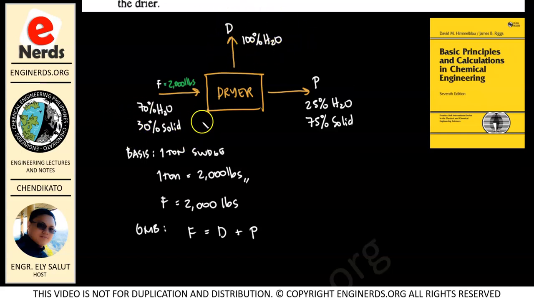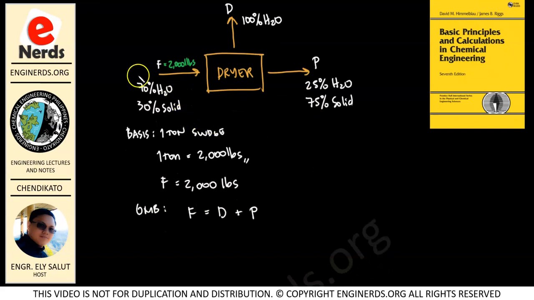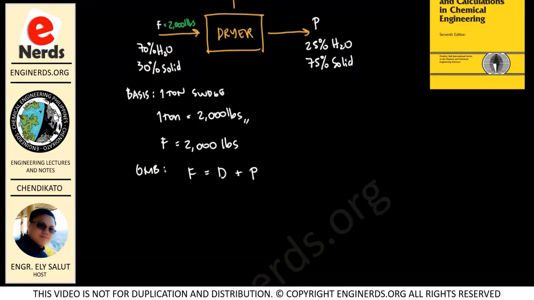And the amount of solid na pumasok will be the same as the amount of solid coming out. So, therefore, we can do solid balance in here, no? So, let us do solid balance.